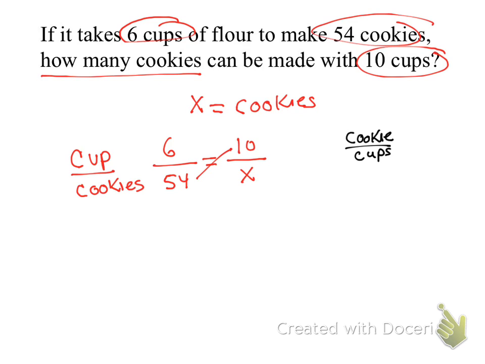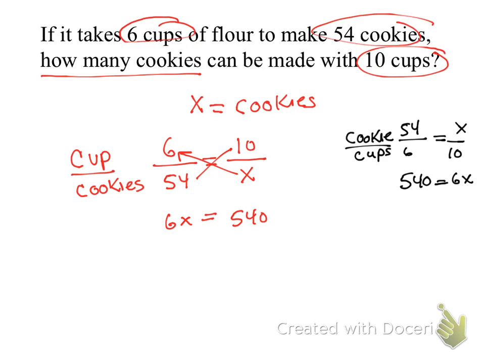And so now we are multiplying, doing our cross products. I get 540 equals 6X. Okay, I just want you to see, if I had set it up here, cookies to cups, it would be 54 to 6 equals X to 10. I'm still getting 540 equals 6X. Do you see how these are the same?